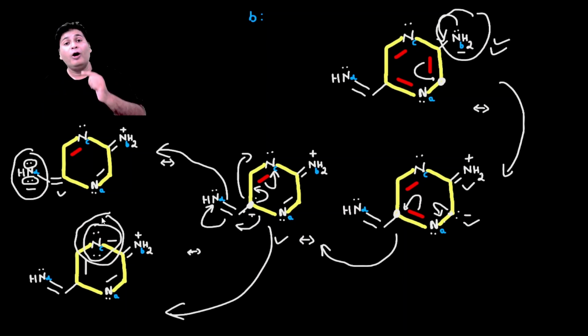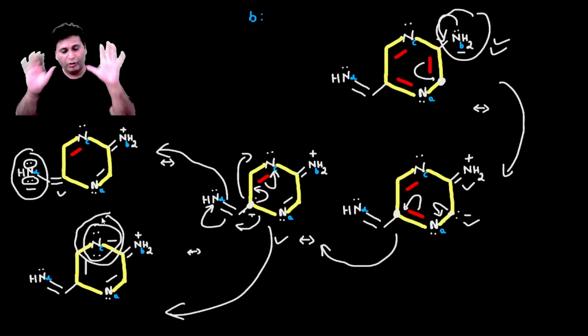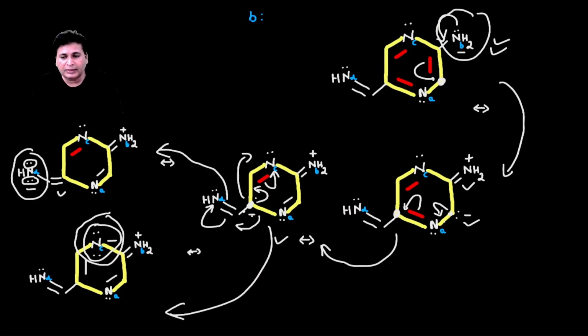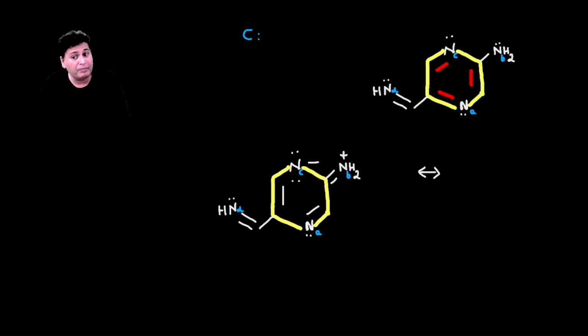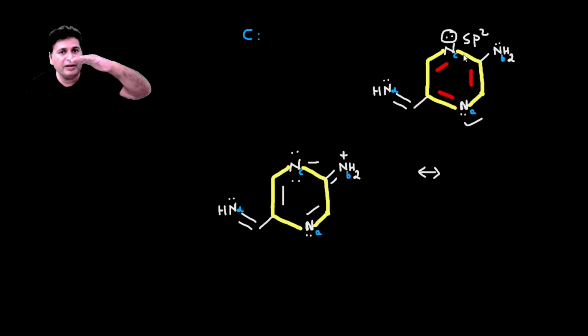So you have to keep all these things in your mind, and while we will discuss the 4 cases in comparison, we have to bring all these points to the front. Now let us see the nitrogen number C. As I have already spoken in the previous slide, the nitrogen number C has got one lone pair that will remain localized on nitrogen number C on the same logic as I gave for A, because this is sp2 hybridized and remains in the plane of the ring and will not go in conjugation.